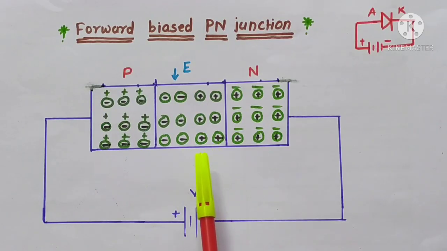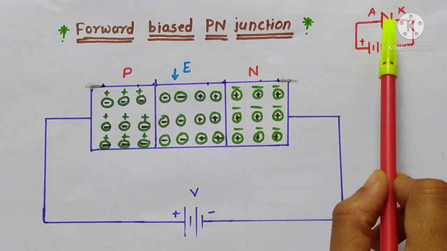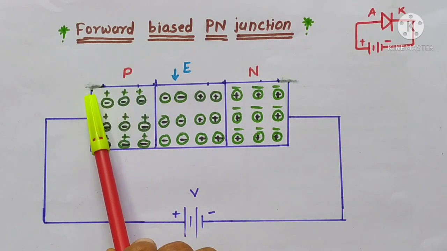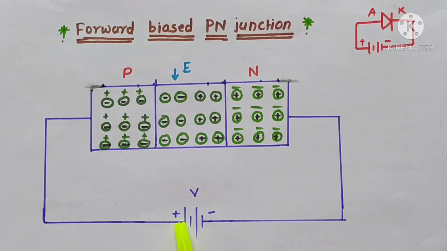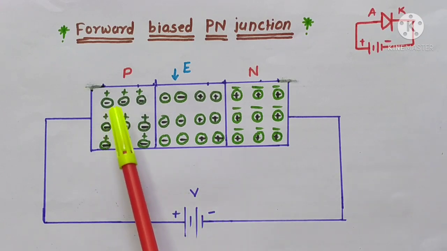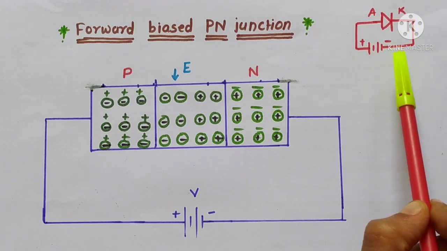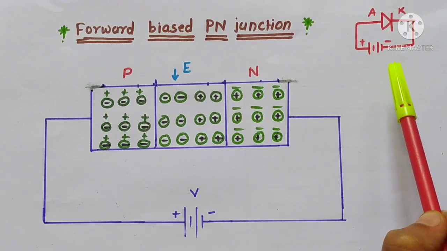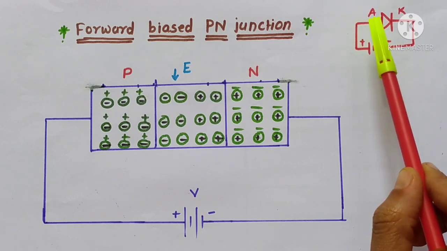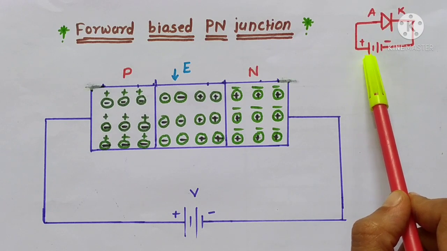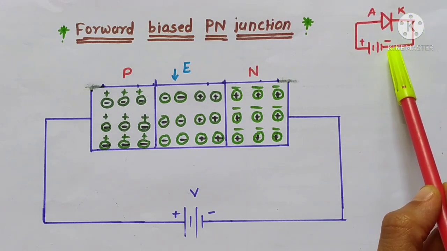Students, in this case, the p-type is connected to the positive terminal of the battery while the n-type is connected to the negative terminal of the battery. And this other diagram shows the symbolic form of a p-n junction diode connected in forward bias direction. Here the anode is connected to the positive terminal of the battery while the cathode is connected to the negative terminal.